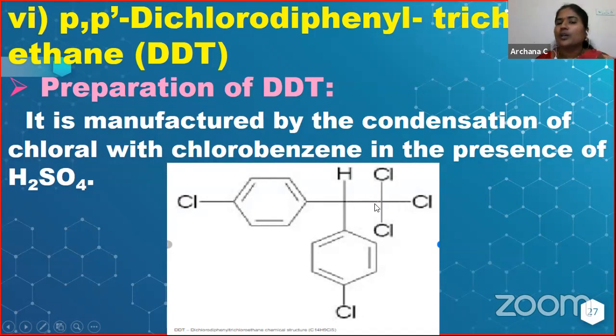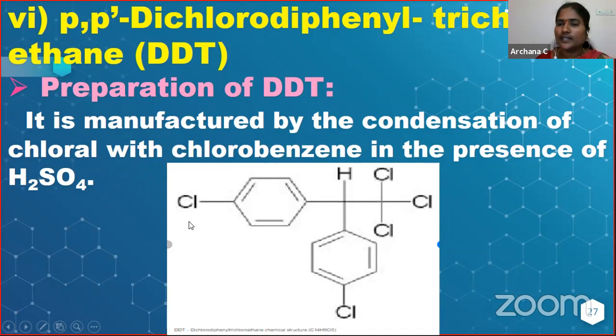The longest chain has 2 carbons. When 2 carbons are there, what is the root word? Eth. All are single bonds, therefore we use ethane. To this ethane, how many chlorines are attached? 3 chlorines, therefore the name is trichloroethane.